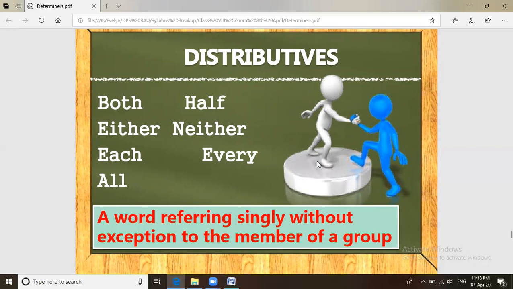Whenever you say such sentences, there will be a whole that you're talking about, like the teachers, that is the group. The team is the group. School is a group. Jack and Jill is a group. And the words both, every, each, all are the distributive determiners.